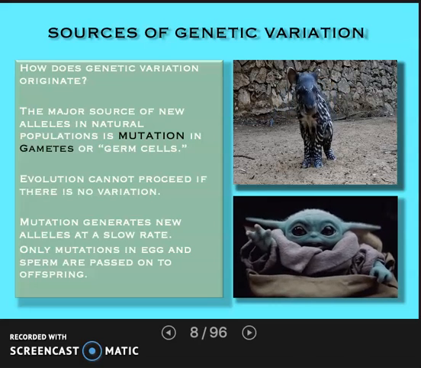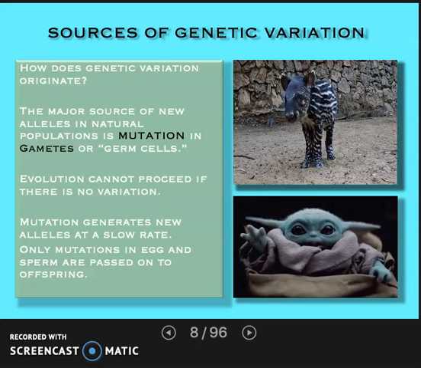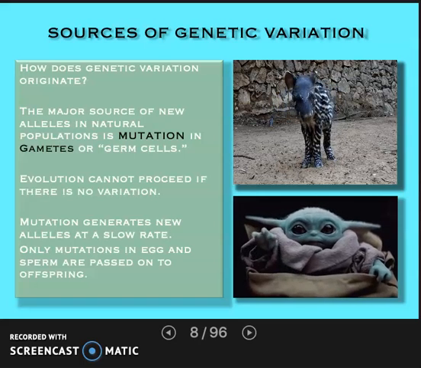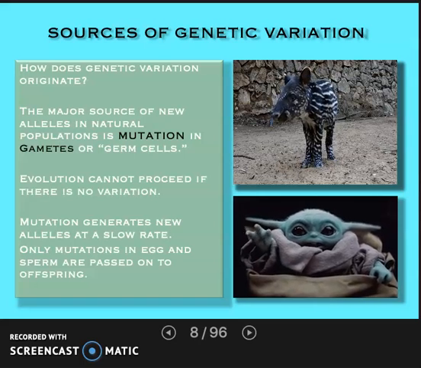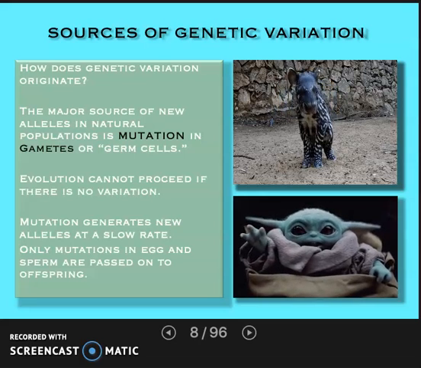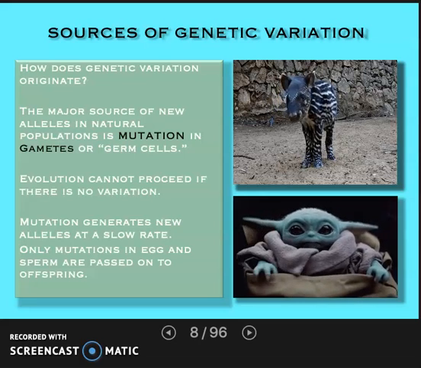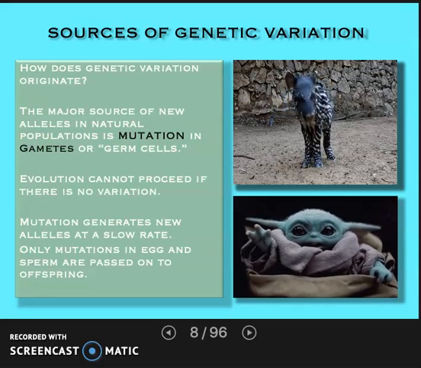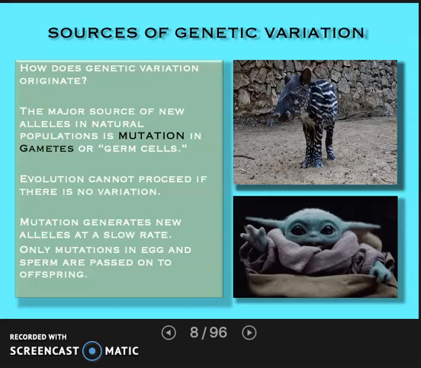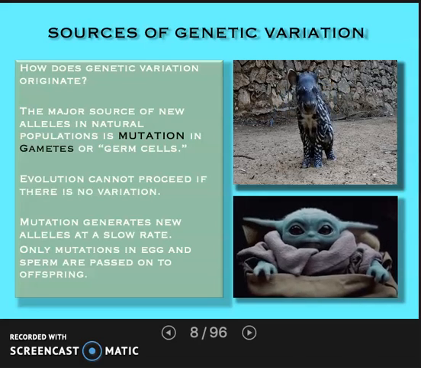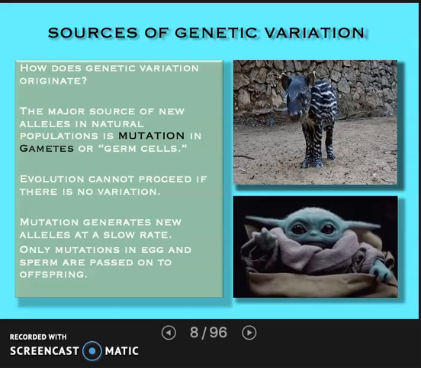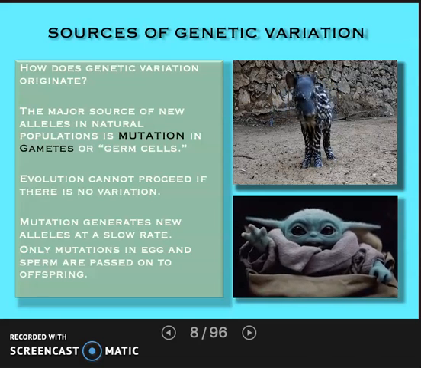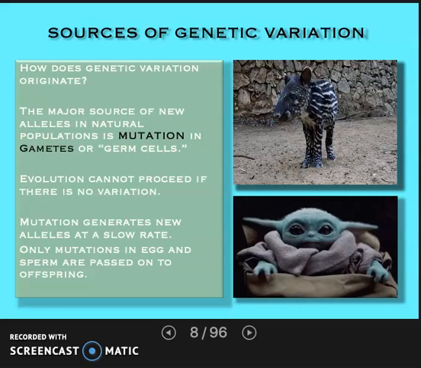So remember that Darwin contended that the source of variation in individuals was mutation. And they have to be mutations that can be passed down. So they have to be mutations in germ cells, in the sperm or the egg. So remember, many mutations are silent. They don't have an effect. And then the other common mutations, missense or nonsense, have a bad effect, right?